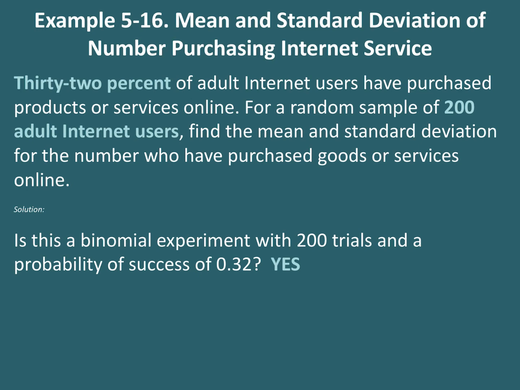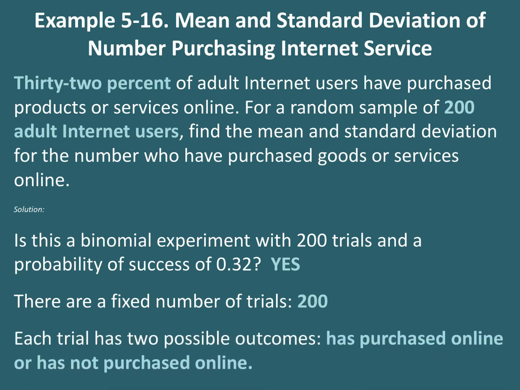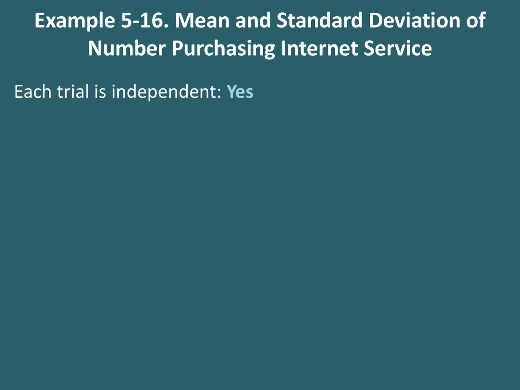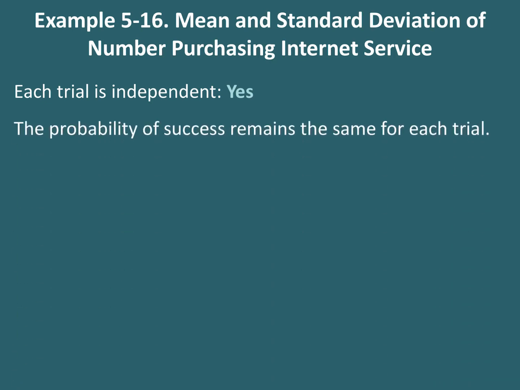The two possible outcomes are those who have and who have not purchased goods online. There are a fixed number of trials, 200, and each trial has two possible outcomes: has purchased online or has not purchased online. Each trial is independent. The probability of success remains the same for each trial.